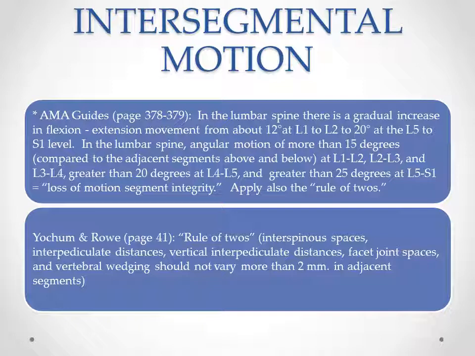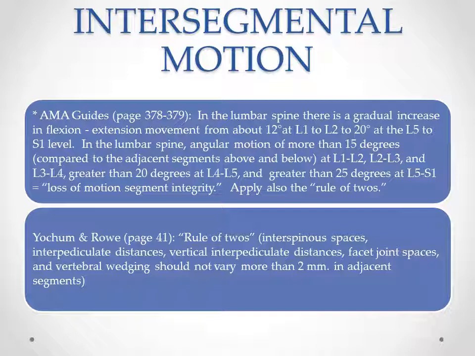Well, let's say it was 12 at L1, L2, and 14 at L2, L3, and 16 at L3, L4, and 18 at L4, L5, and then 20 at L5S1. That would be, well, what would that be?